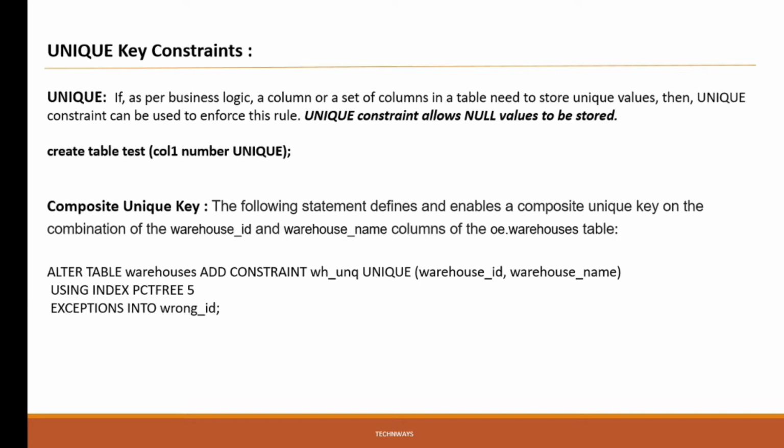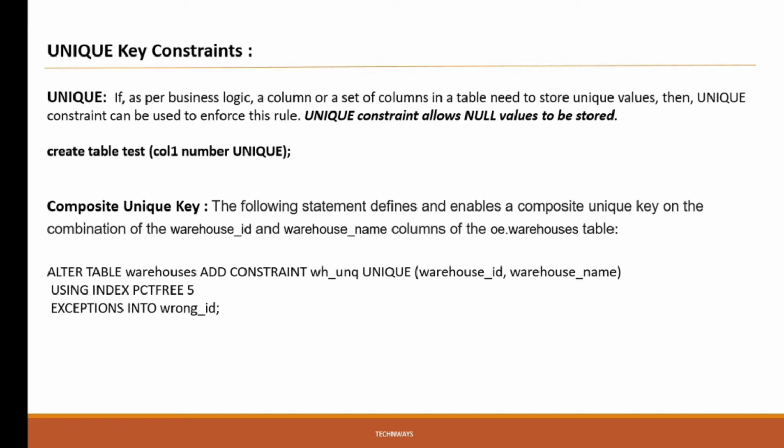So what happens after that, if you're using the unique constraint, this particular constraint will make sure that for that particular column the value for the record is not repeated. It will make sure all the records have a unique value.